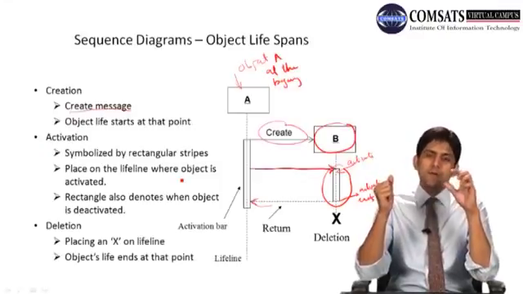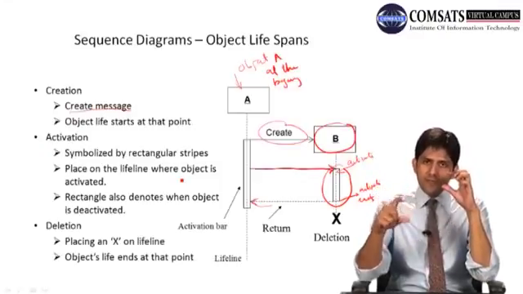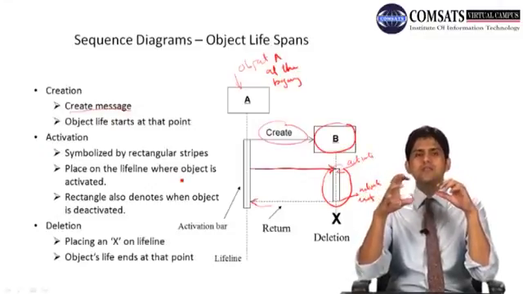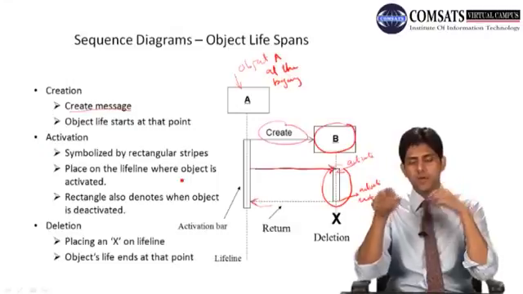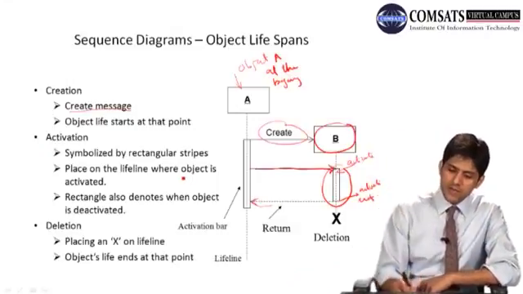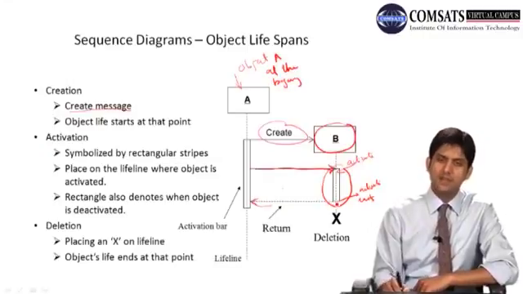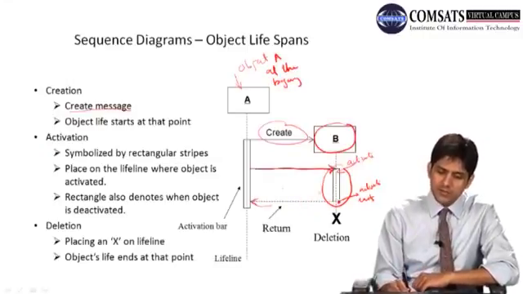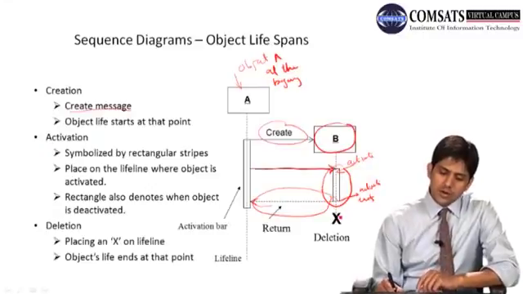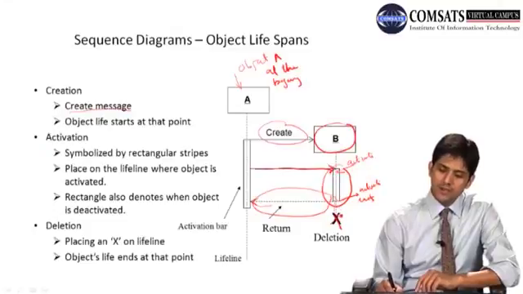So when this activation box ends, then you delete, and there is no explicit message for deletion. What normally happens is that in this particular case, it is advisable that you have this return message when the activation box ends, because this return message tells that we do not need this object anymore. So what we are doing here is this cross at the end of this lifeline, at the end of the dashed line, you can see that there is a cross.